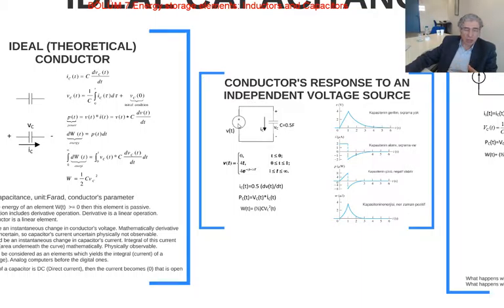In this time interval, the energy or the power of this element is transferred to that capacitor, and then the stored energy, which is absorbed from this independent source, is going to be released. That means giving back to the source.